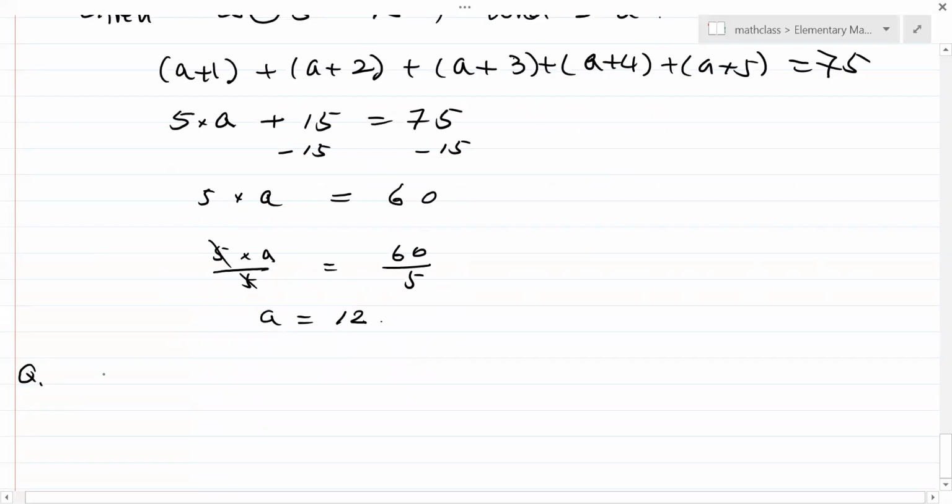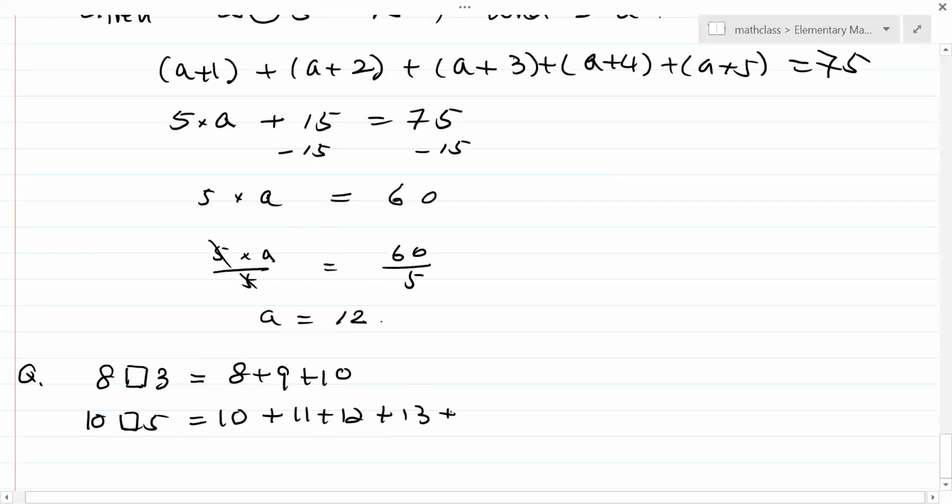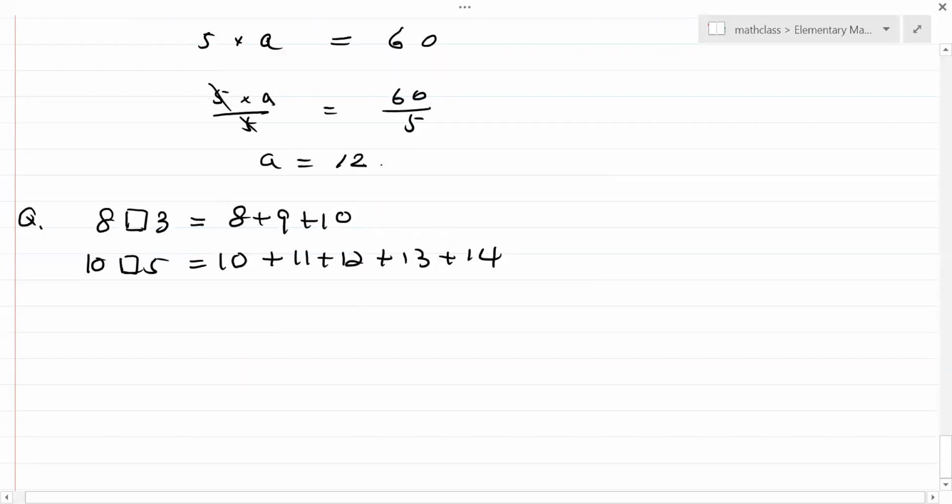Okay, we have 8 square 3 is 8 plus 9 plus 10. 10 square 5 is going to be 10 plus 11 plus 12 plus 13 plus 14. And let's compute again. 20 square 6.